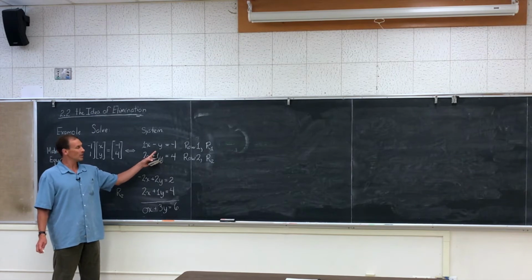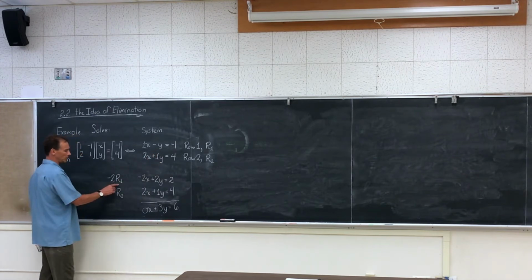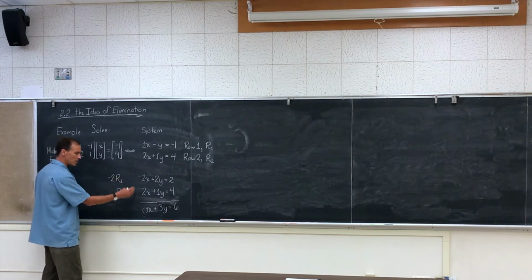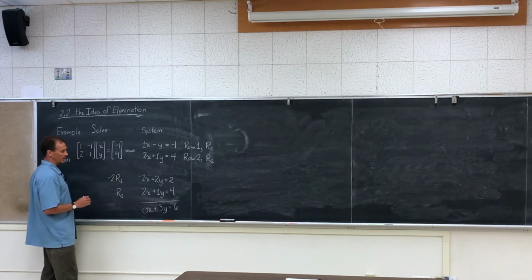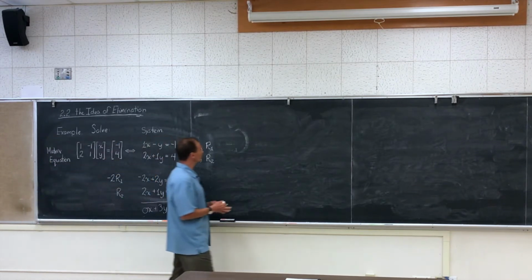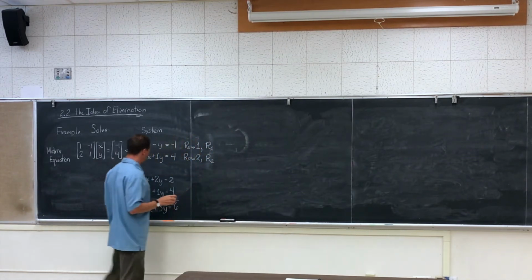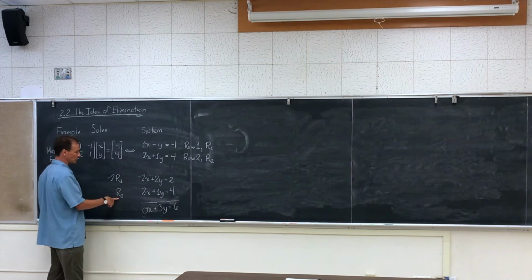So what we're going to do is, we might multiply row 1 by a number, but we're going to always copy it down in its original form. So let me show you how we're going to rewrite that process. We want to change row 2.